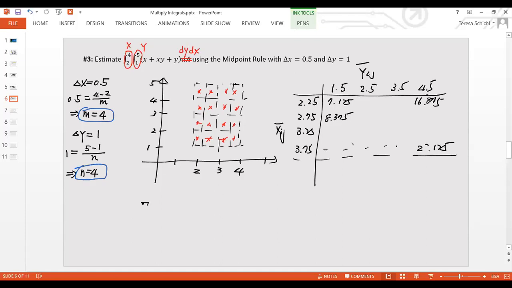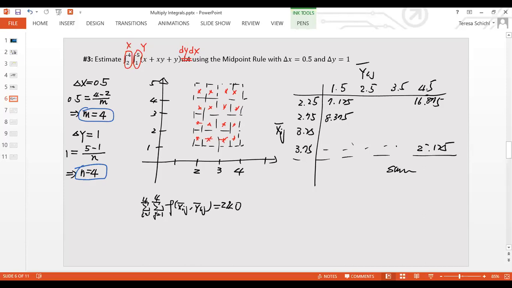Then we're going to add all of these up: the summation with j from 1 to 4 and i from 1 to 4 of f of xij, yij. If you add all this together, it will give you 240.